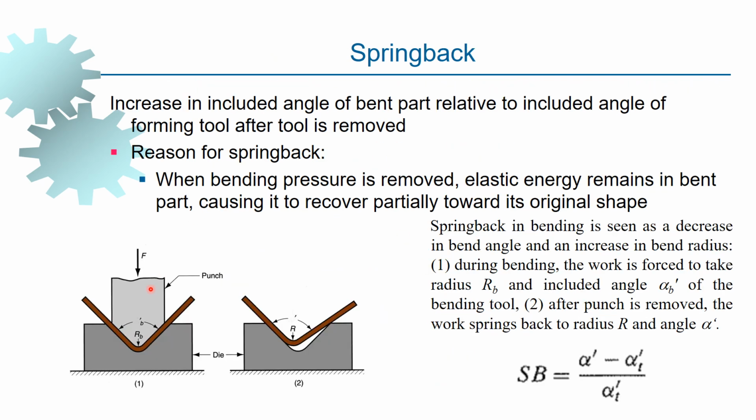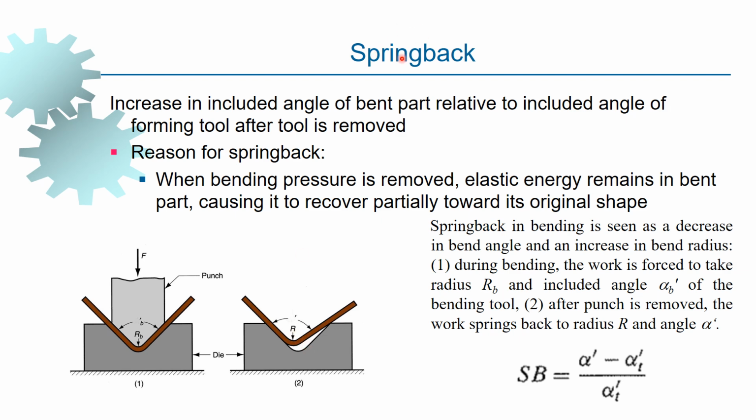Now spring back. When we bend a material or a sheet using the V bending technique, as you can see here, after the process the bending angle is alpha b dash and the radius is r b. When the punch is removed, due to the elastic energy stored by the material, it may return back slightly.